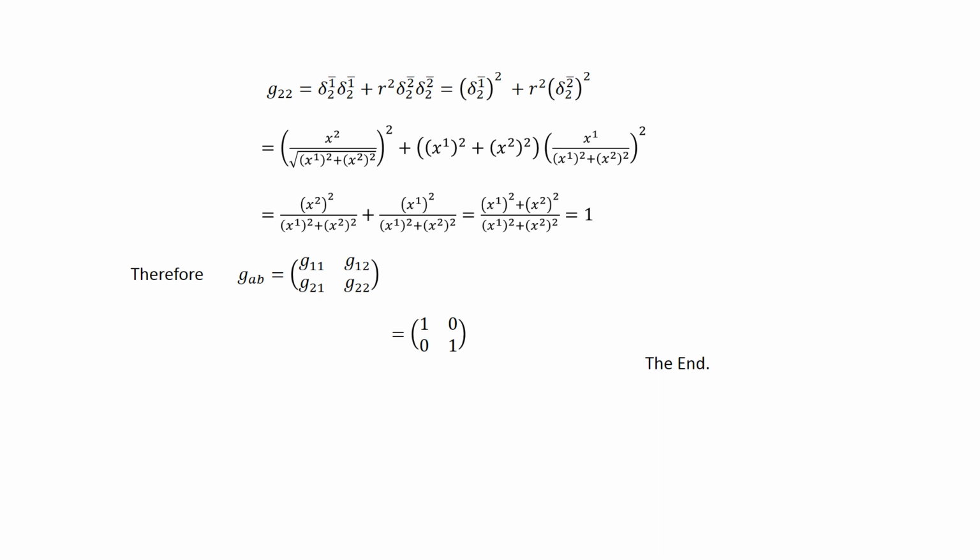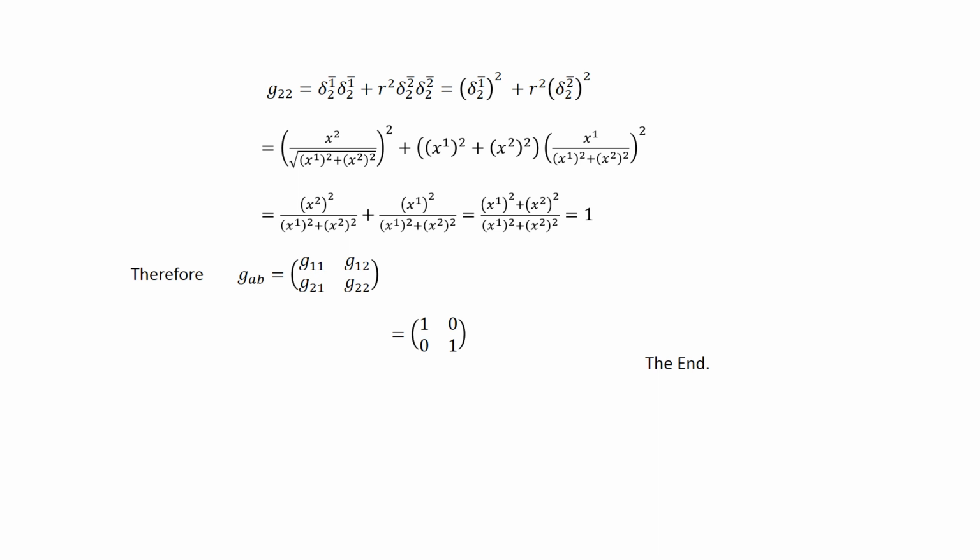So our first term becomes x2 whole square over x1 square plus x2 square. The square root is cancelled with the square, plus this term is cancelled with one square, as we have the square of the denominator.